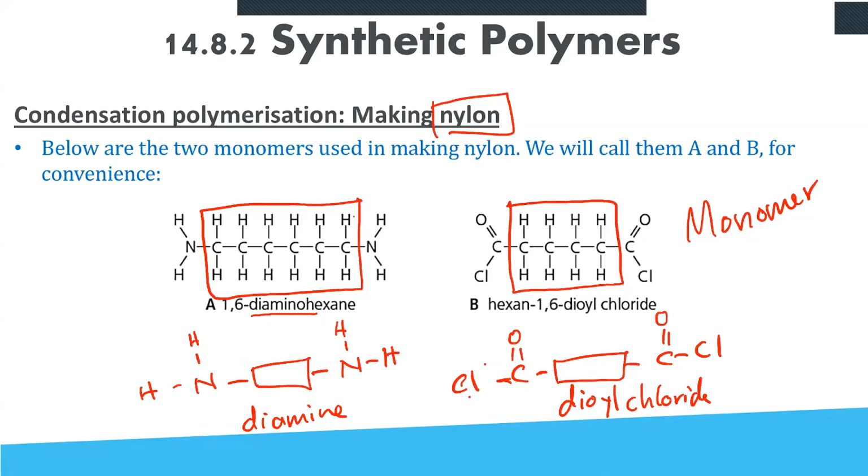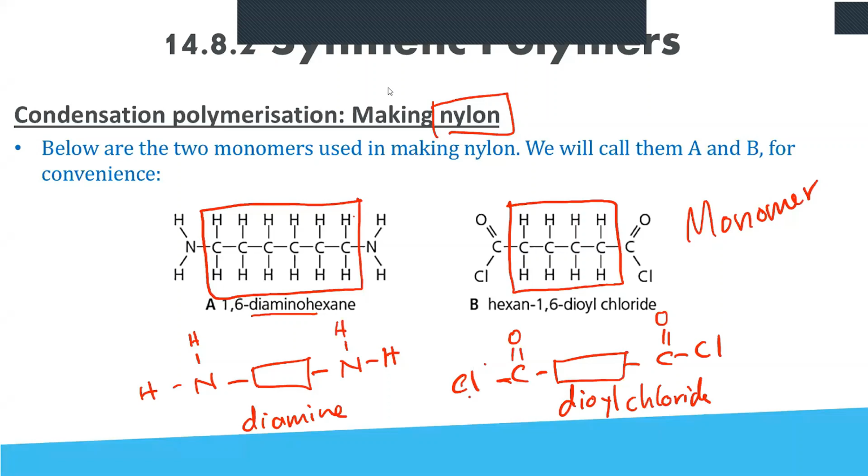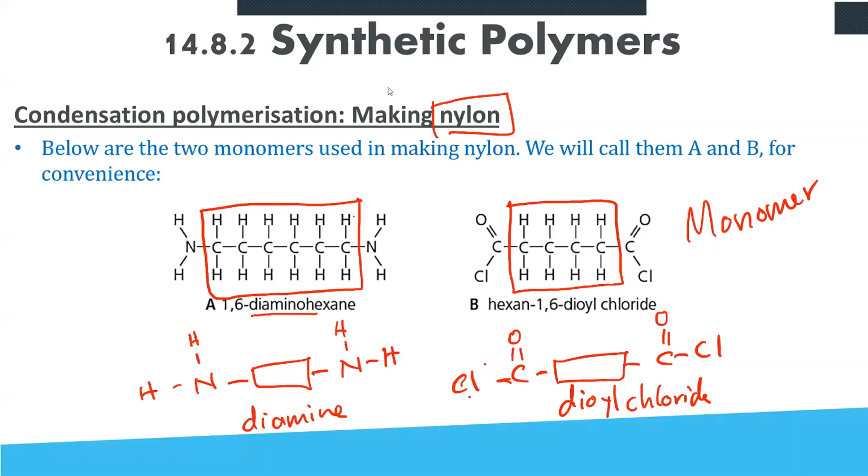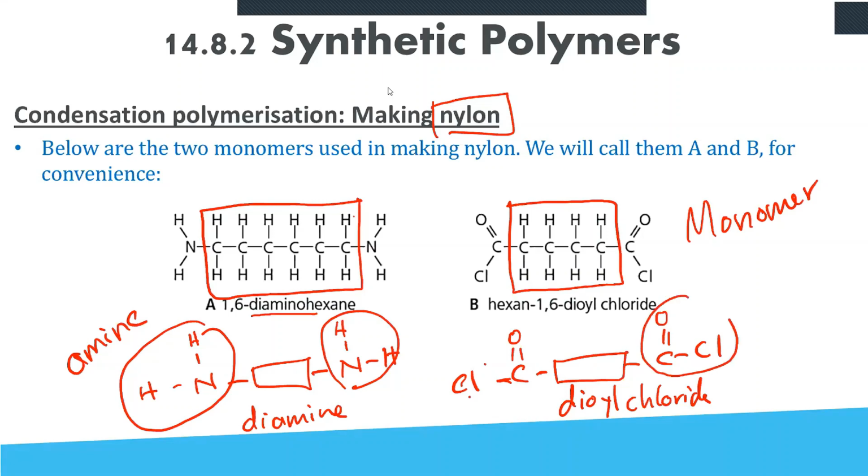So what do you think will happen here? As we mentioned before, when two monomers combine, it eliminates small molecules. In this case, what do you think the small molecule will be, looking at those functional groups? For the diamine, the functional group is NH2, the amine functional group. And this one, the functional group is C double bond O, Cl.